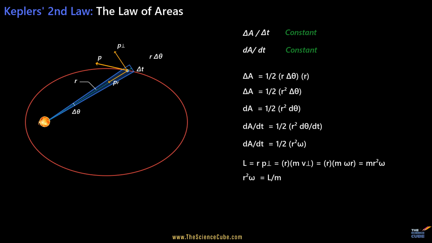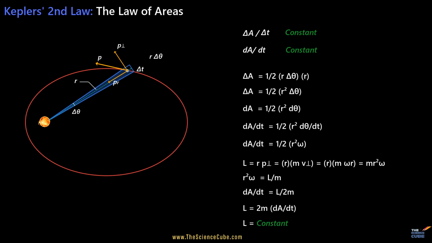Now, if we put this expression for r squared ω here, what we get is dA/dt is equal to L/2m, or L is equal to 2m times dA/dt. But we have concluded earlier that dA/dt is constant, which therefore means that L should also be constant.